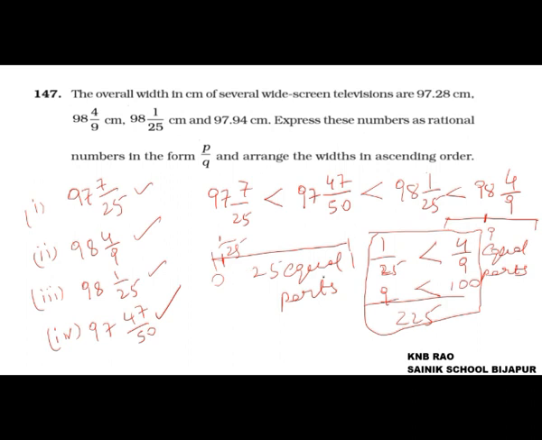So definitely, in the same one unit, taking 4 out of 9 parts is more than taking 1 out of 25. So this also can be used while comparing. So this is question number 147.